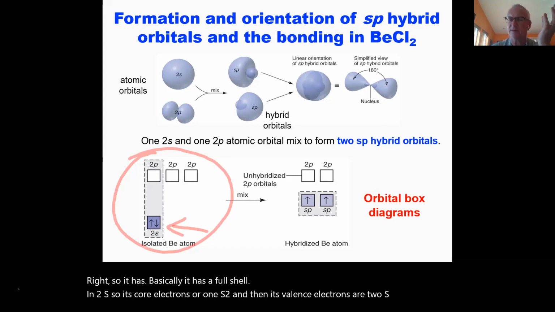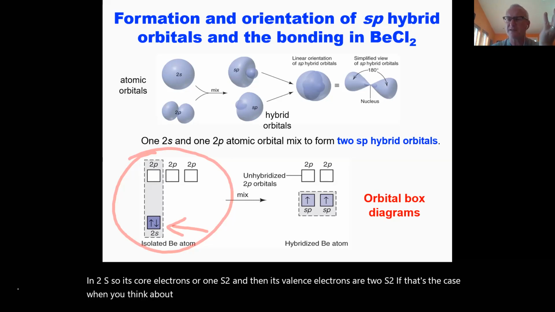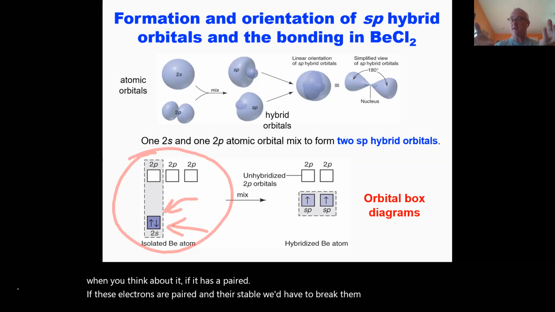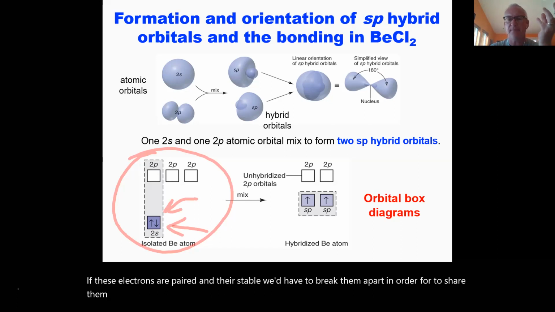Well, if that's the case, if these electrons are paired and stable, we'd have to break them apart in order to share them with another atom.